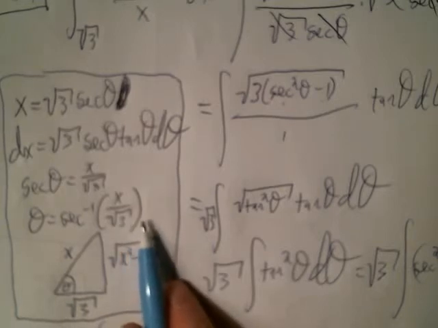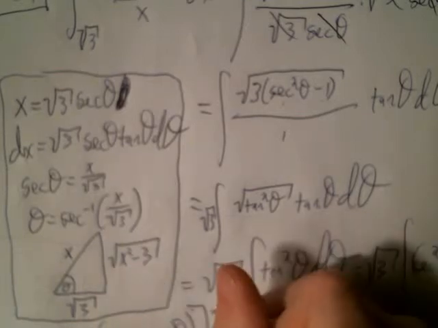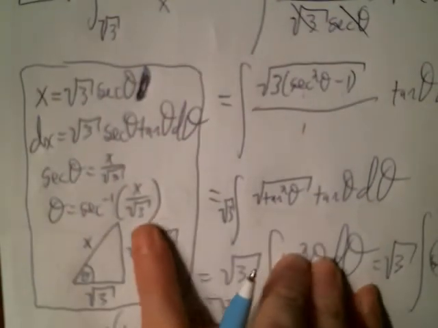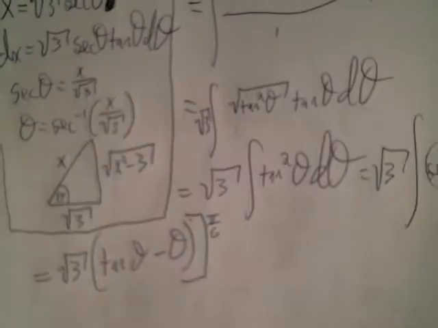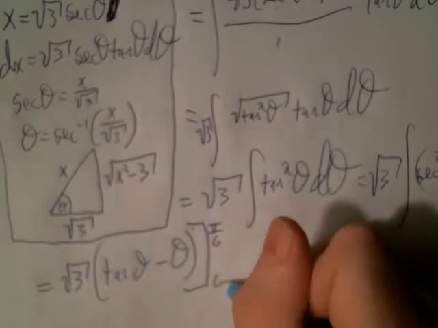So that's going to be pi over 6. And then if you put in root 3, you're asking, the secant of what angle is equal to root 3 over root 3? In other words, the secant of what angle is equal to 1? And that would be 0.